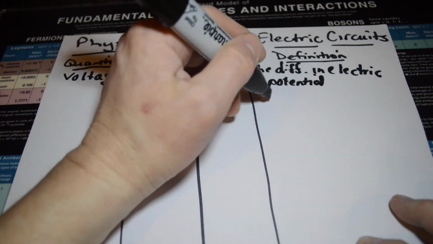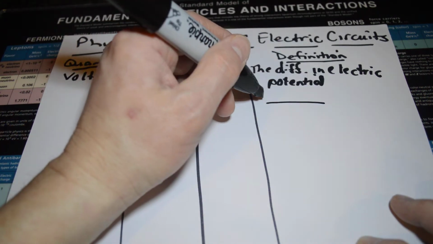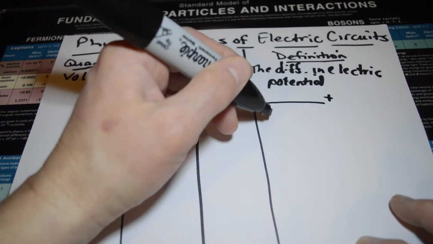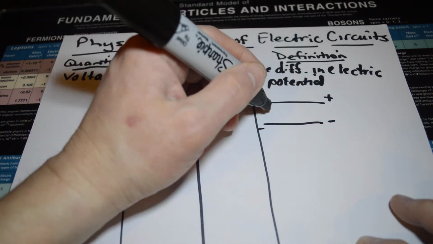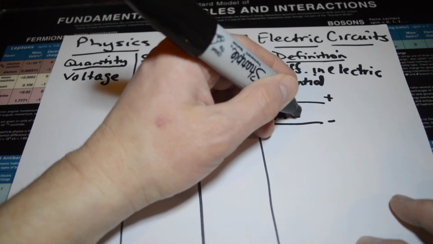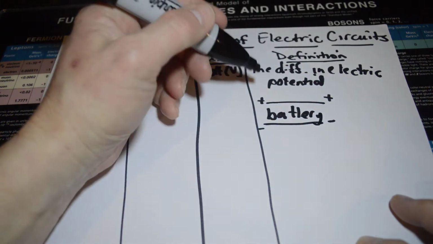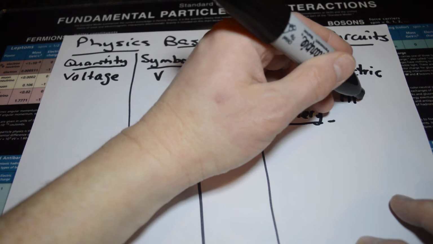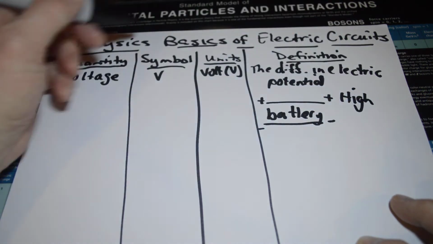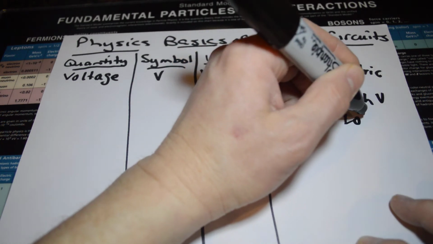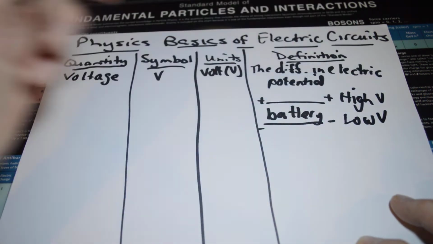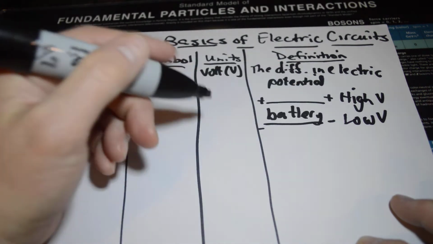And what we mean by that is we said that you could separate charge in different ways, but if you had a way to do it constantly, like in the case of, say, a battery, then we would say that the positive up here would have high potential and the low potential would be on the negative side.